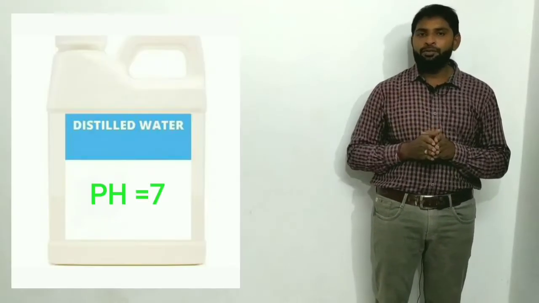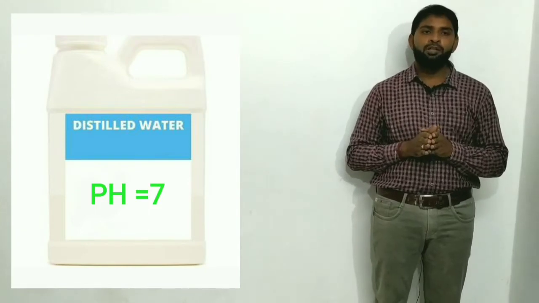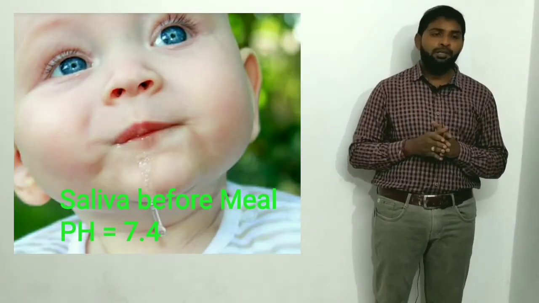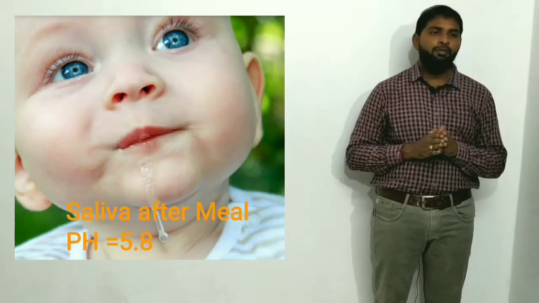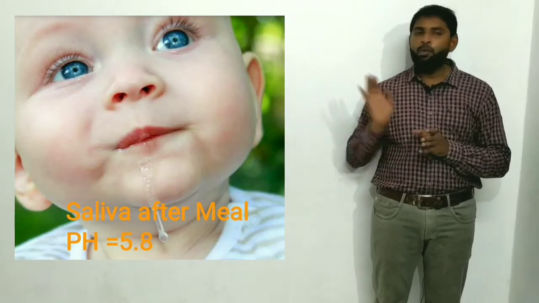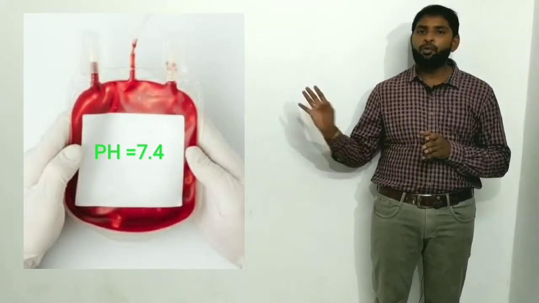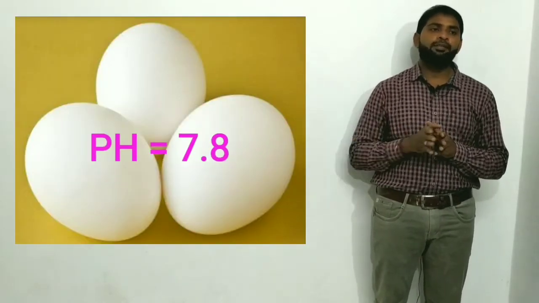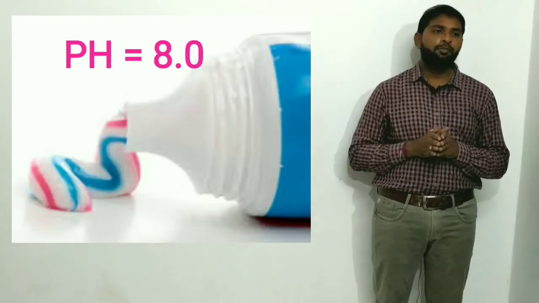And pure water pH is 7. Saliva before meals 7.4. Saliva after meals 5.8. Blood 7.4. Egg 7.8. Toothpaste 8.0.